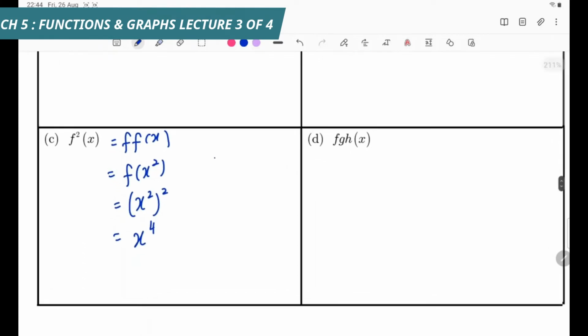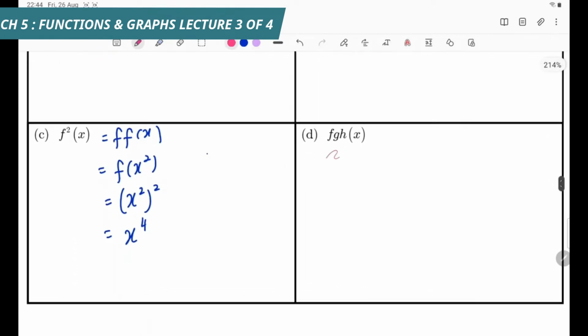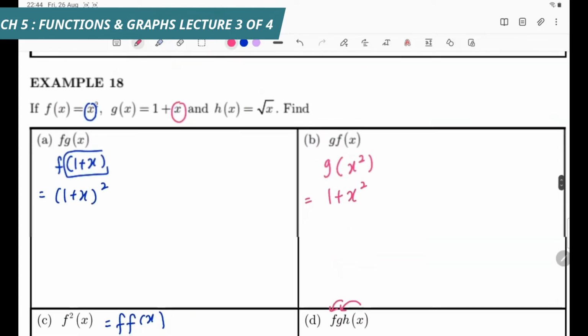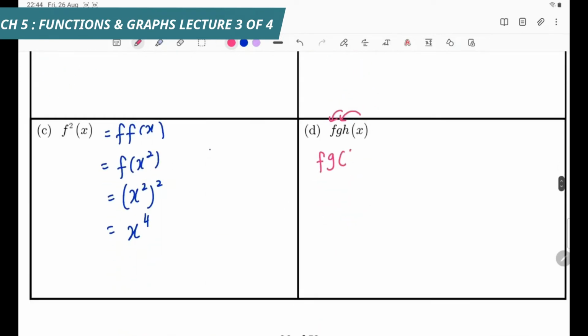And for the last one, f of g of h of x, we need to substitute h into g and then into f. Write down the h first. So h is square root of x.